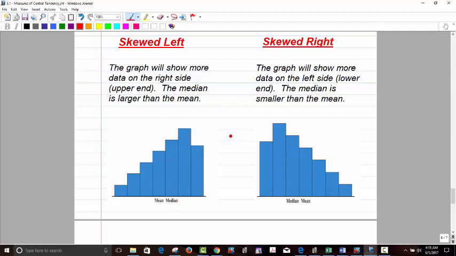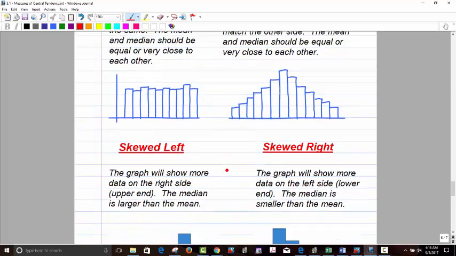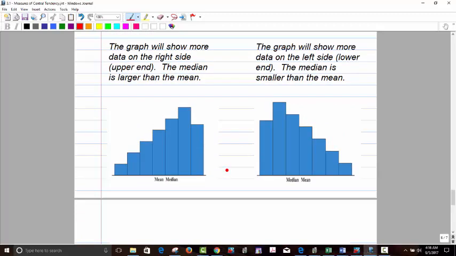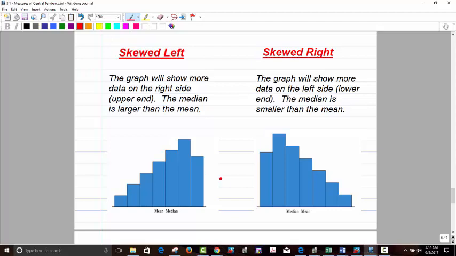And probably significantly larger. I'm not talking about if the mean was 20.2 and the median was 20. I would not consider that to be skewed right, because that would almost be one of these two up here. They don't have to be exactly the same, just very close. But if the data had a mean of 20 and a median of 25, then we're possibly getting somewhere as far as the possibility of it being skewed left.